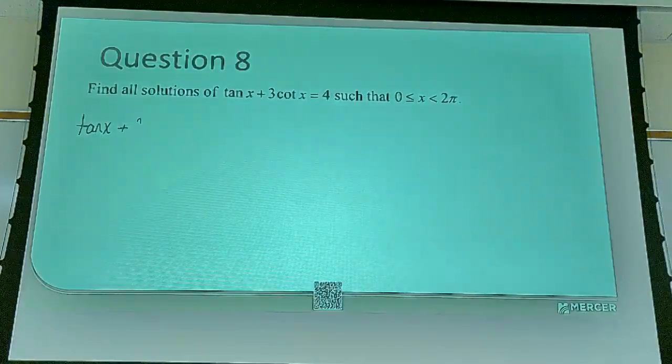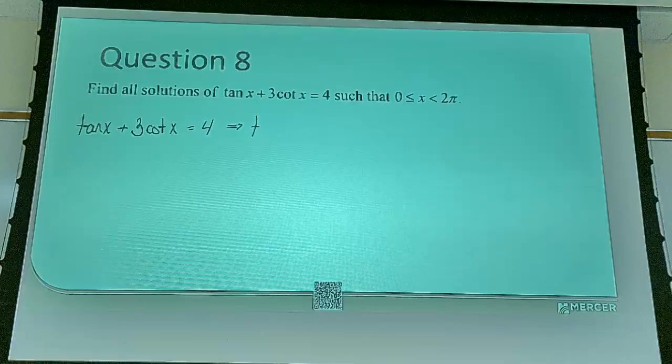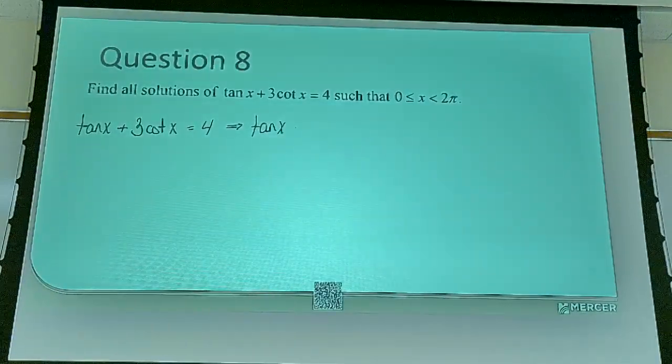Tan x plus 3 cotangent x is equal to 4. Well, let's recognize cotangent as 1 over tangent.